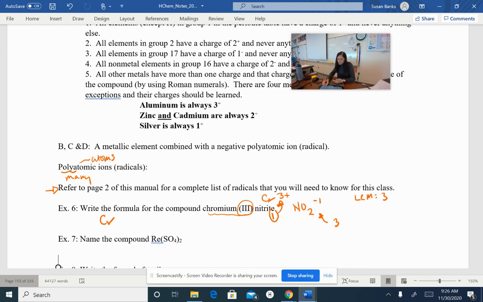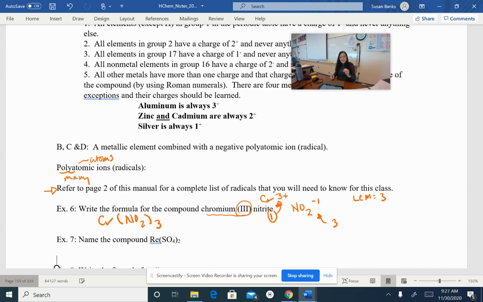Now, how do I make 3 when I have a huge group like this? I use parentheses just like I do in math. If I want to multiply a group, like in math, I use parentheses. So I'm going to put parentheses, put the nitrite ion, close the parentheses, and put my multiplier as a subscript there. That 3 multiplies everything in that parentheses.